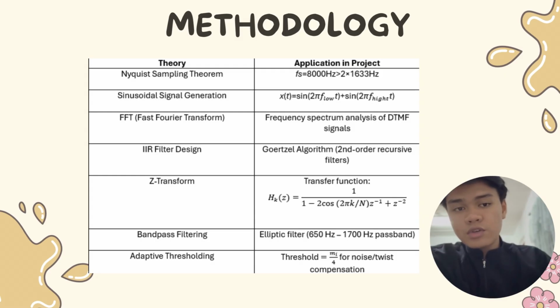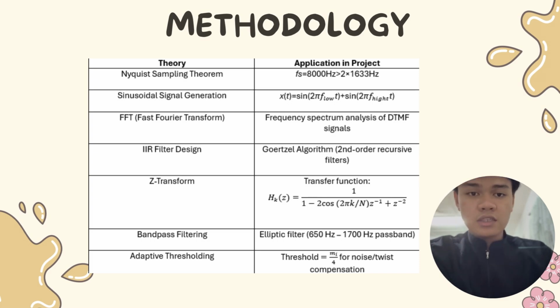It only computes the 8 DTMF frequencies, making it faster than FFT. The fifth is we apply an elliptic bandpass filter from 650 to 1700 Hz to remove the noise. The sixth, we use the adaptive thresholding to handle the signal twist and the noise.